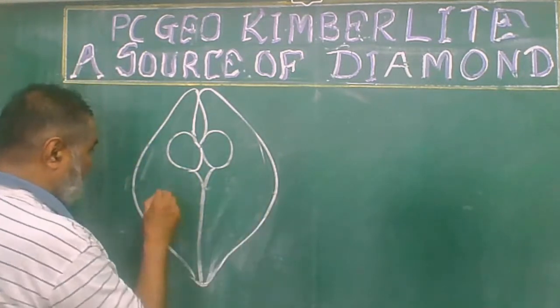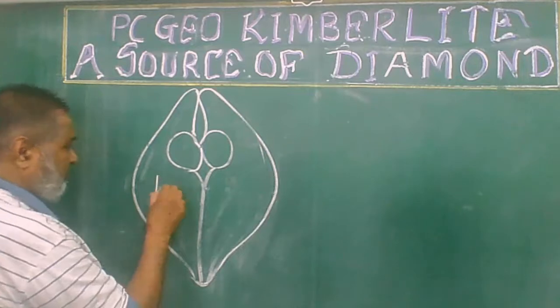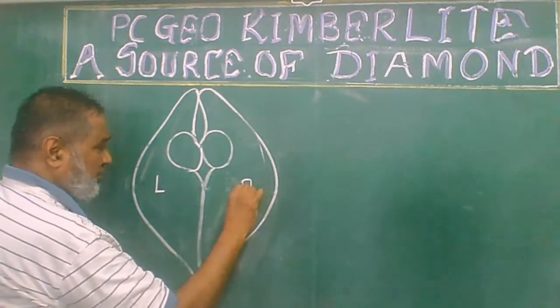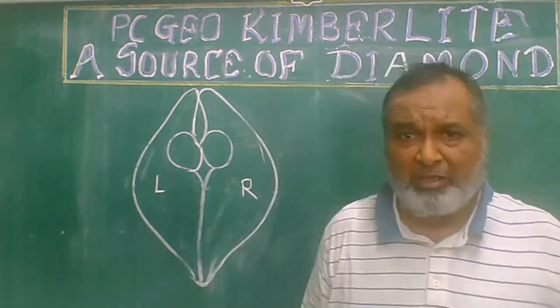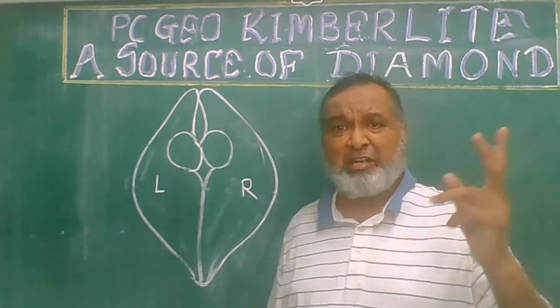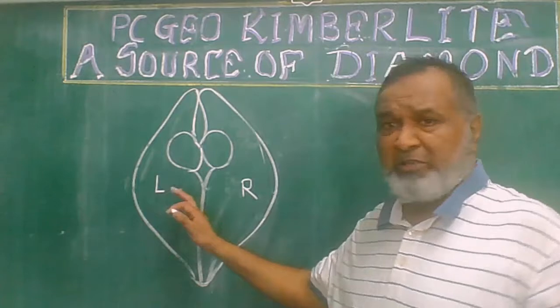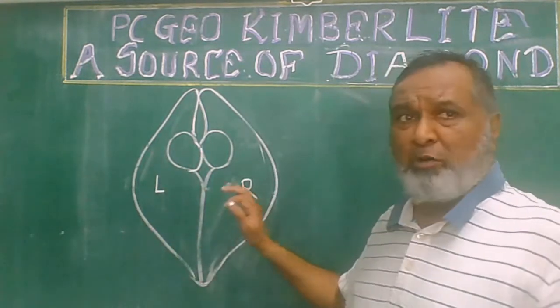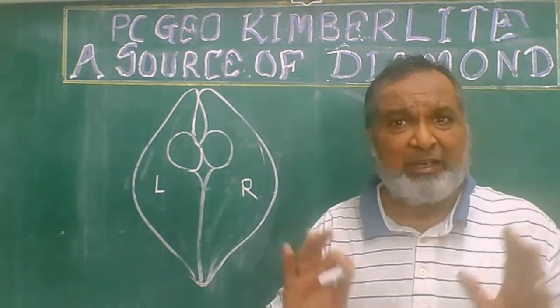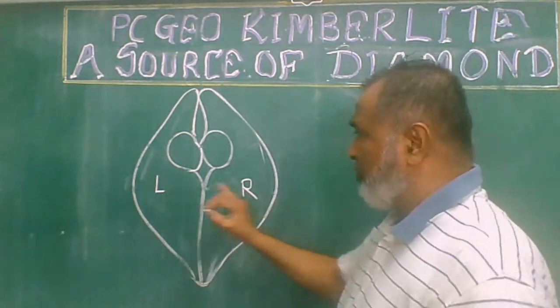So here we have the two walls. This is your left wall and this is your right wall. This is the first important point about the Lamellibranchia: it contains two walls. The wall which comes on your left hand side is called the left wall, and the wall on your right hand side is the right wall. Both the walls are equal.